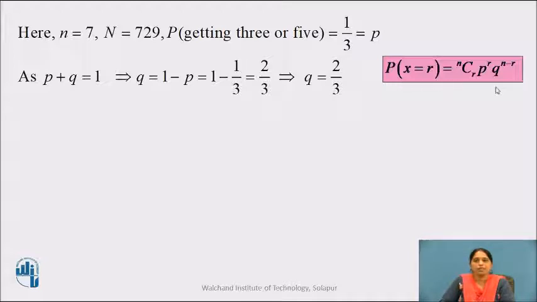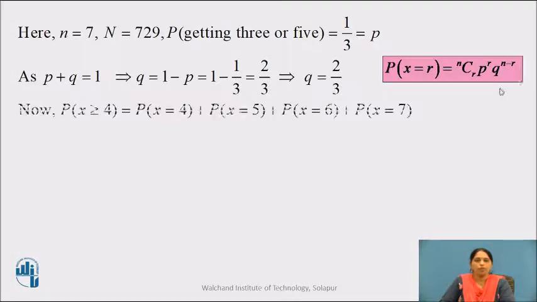We know the formula for probability using binomial distribution. It is nCr p raised to r q raised to n minus r. So using this formula we can find the probability of x greater than or equals to 4 as probability of x equals to 4 plus probability of x equals to 5 plus probability of x equals to 6 plus probability of x equals to 7.